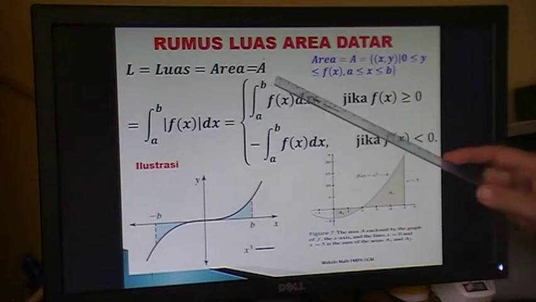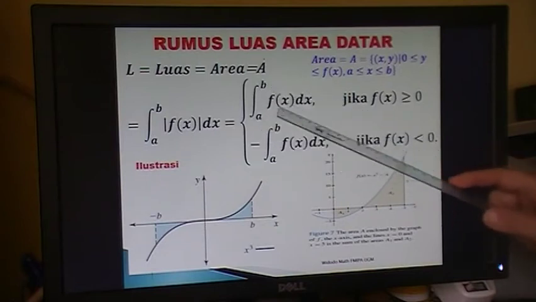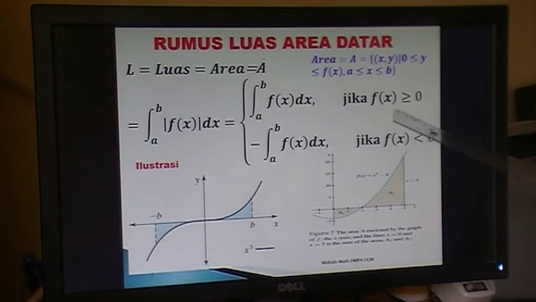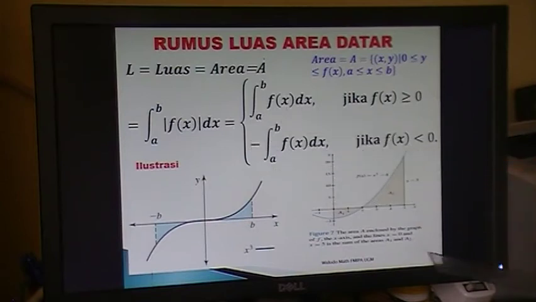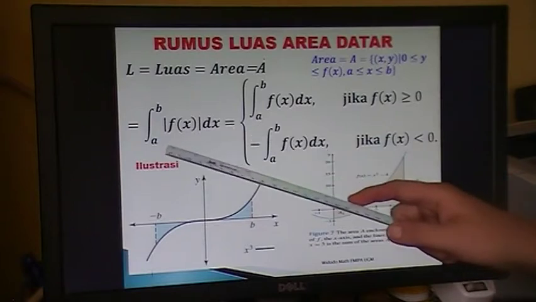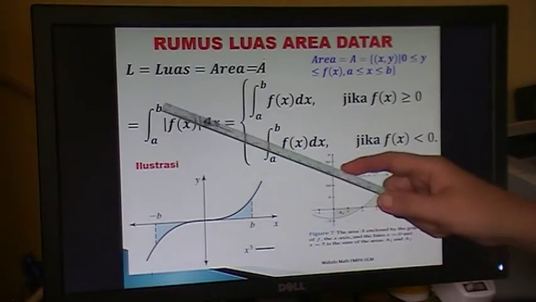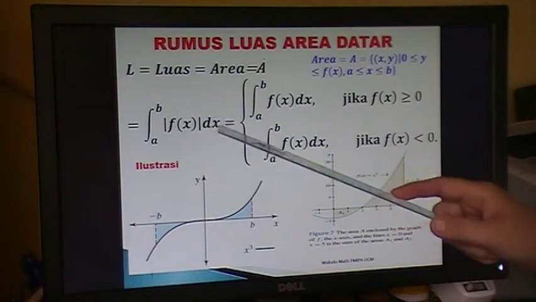That means equal to the integral from a to b of f(x) dx when f(x) is non-negative. But when f(x) is negative, then we take the negative of this number. So in conclusion, the formula of the area of the flat region is the integral from a to b of |f(x)| dx.